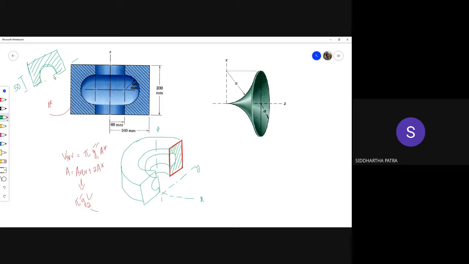Now for the circle, you'll have to take a differential area like this, r d theta dr, where theta ranges from 0 to pi.